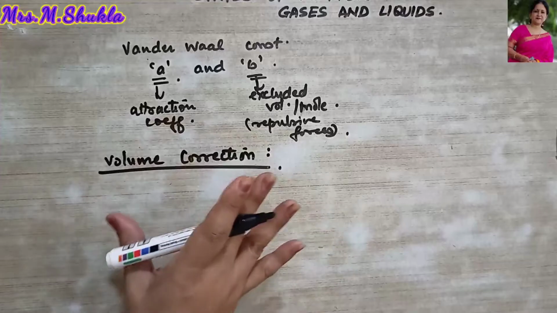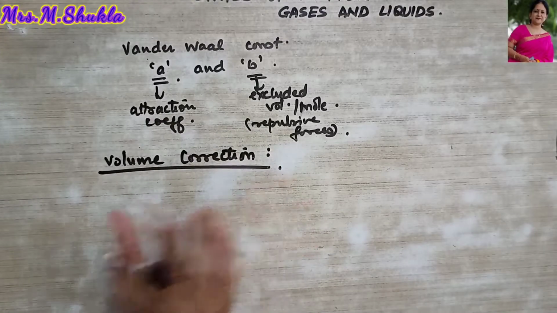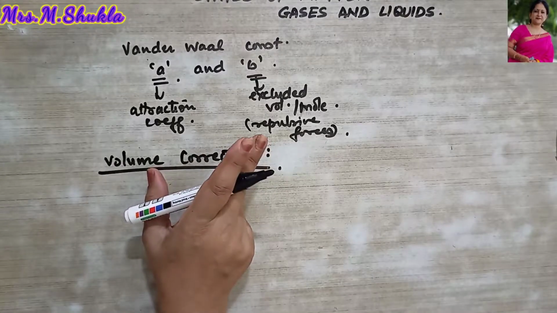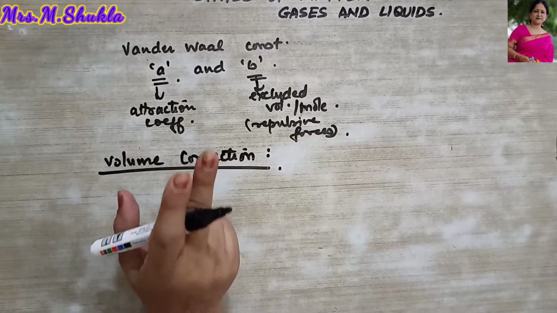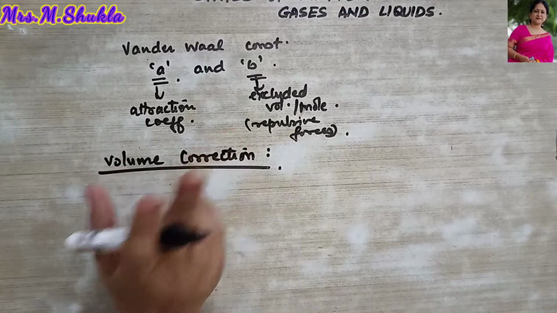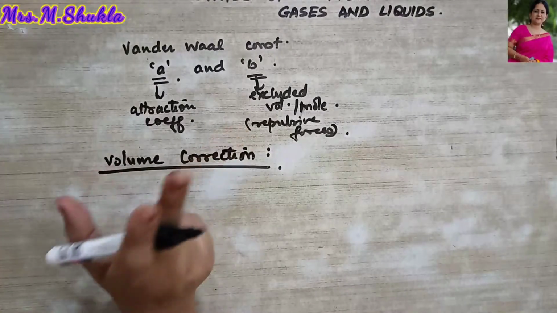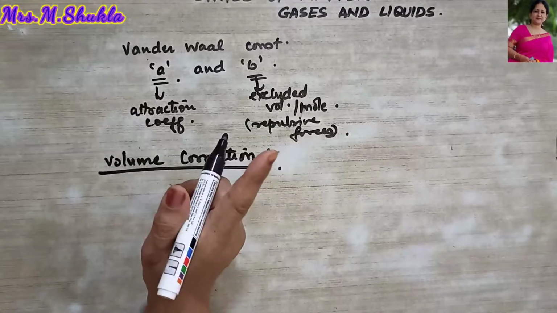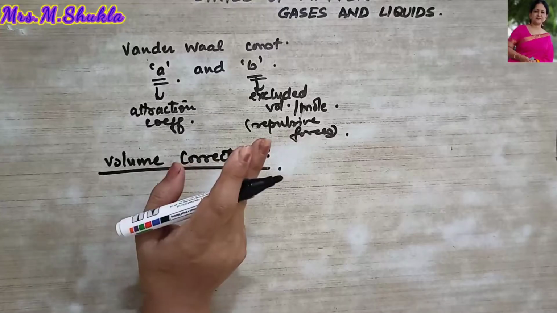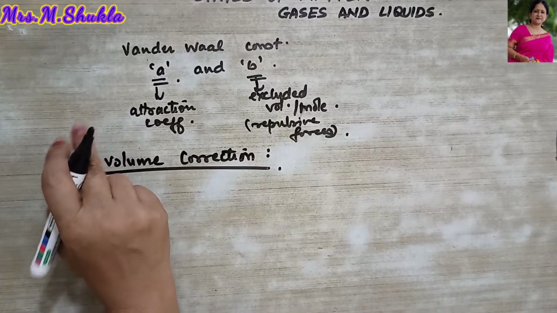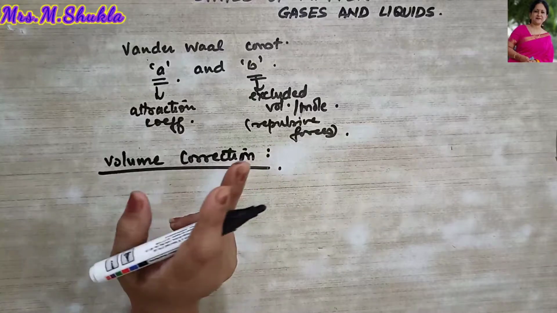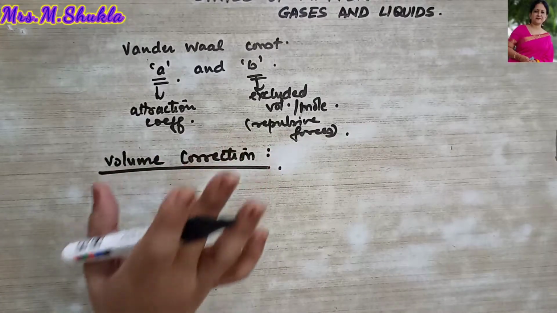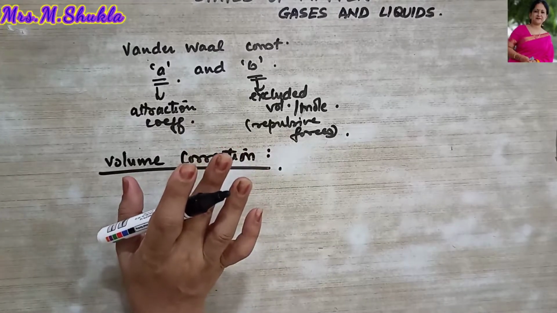Therefore the whole volume of the container is not available for the movement of these molecules. A molecule can move in all the space available except that occupied by the other molecules. Thus, the total volume of the container minus the effective volume of the molecules themselves is only available for molecular motion to take place.